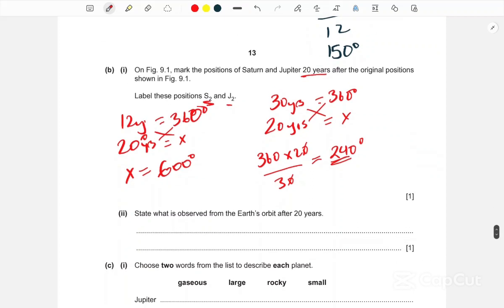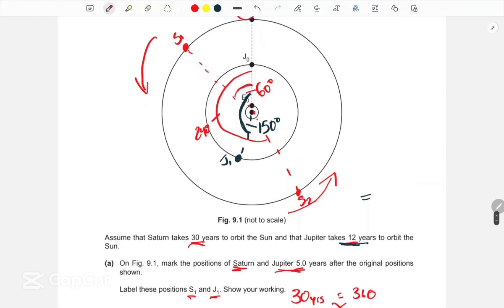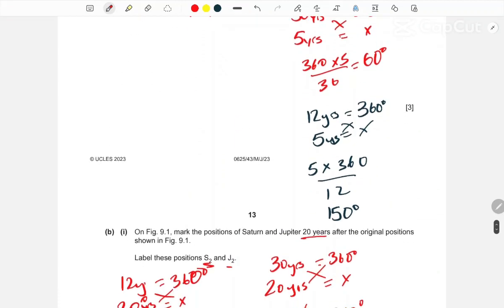So we know that it does more than one revolution. So we do 600 minus 360 degrees, which becomes 240 degrees. So this is also going to be at 240 degrees. So it's going to be in the same alignment as S2. So we write J2 over here. Same alignment, which is also 240 degrees.